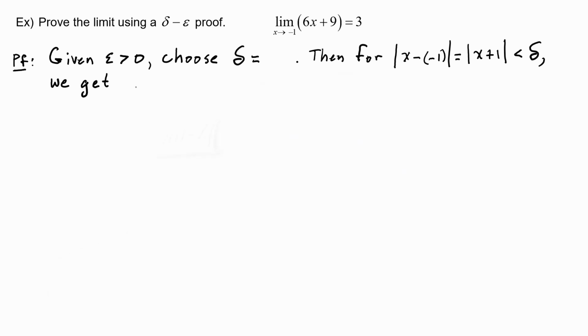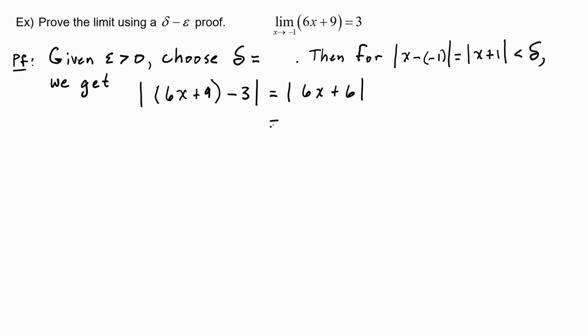We have to do the absolute value of f of x minus L, so that would be the quantity 6x plus 9 minus 3. Now we're going to simplify that. We would get absolute value of 6x plus 6.